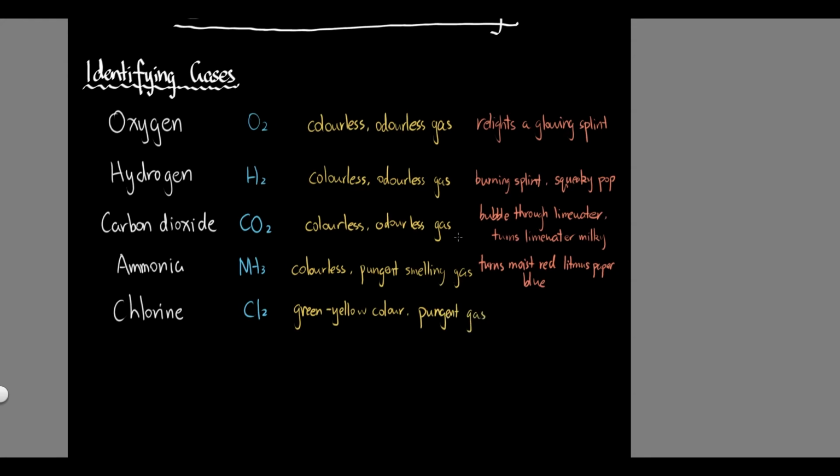Chlorine is basically what they use in bleaches. You might see that in pools, and some people say chlorine gas smells like pool, but don't smell it because it's extremely toxic, and it might hurt your respiratory system.